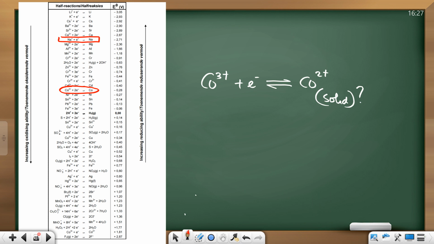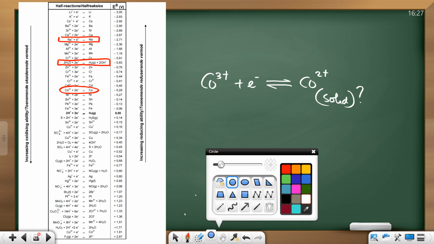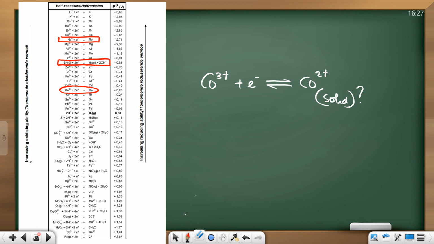Guys, the water is this one just below sodium. So, one of them would be reduced.